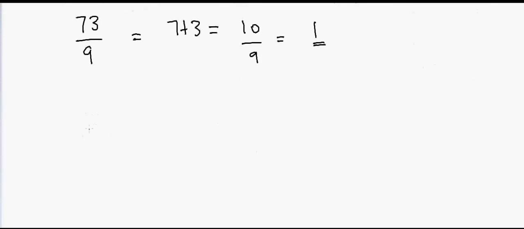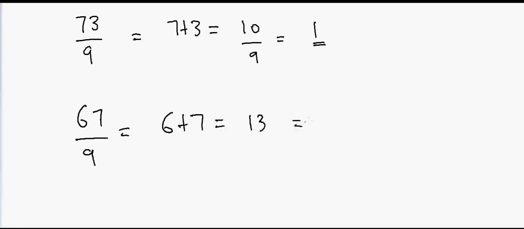Again, if I have 67 and I want to divide by 9, in that case 6 plus 7 is equal to 13, and 1 plus 3 is equal to 4. So the remainder is 4. Another way is to divide 13 by 9, and in that case you will also get 4. So if you divide 67 by 9, the remainder should be 4.